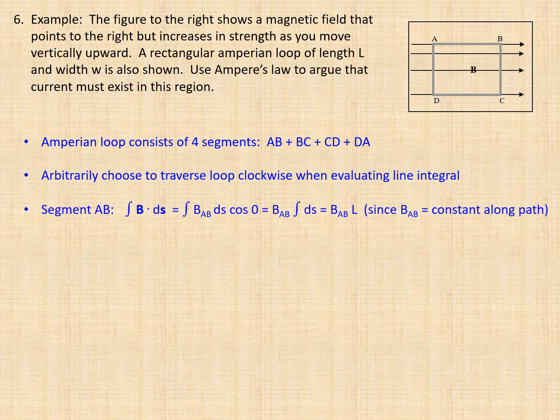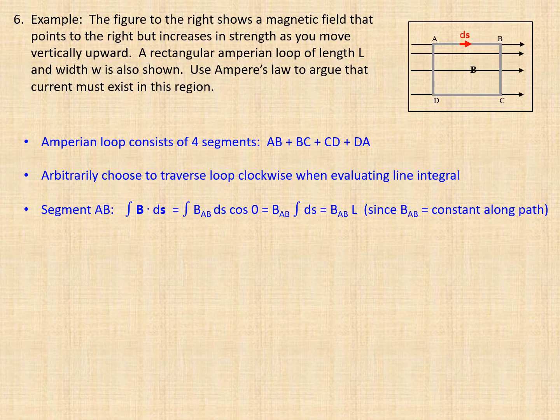So starting at point A, the first segment of our loop is AB. So we need to evaluate the line integral over this piece of the closed path. Note that the magnetic field B and displacement vector ds are parallel to one another, making the cosine of the angle between them 0.